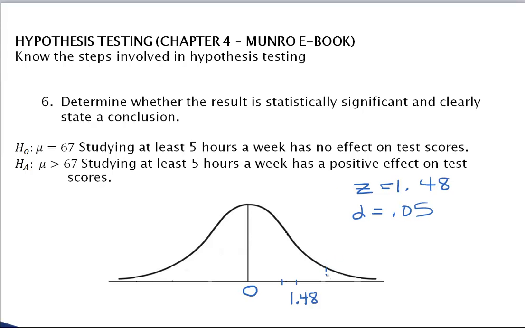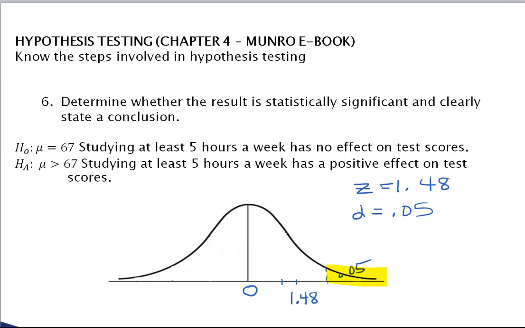So here, okay, so now I am not sure, 1.48, I am not sure how much area under the curve there is between 0 and 1.48. So I can easily look that up in my z-table.